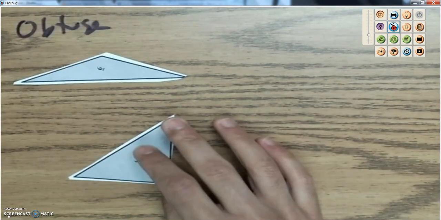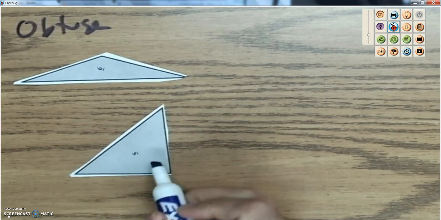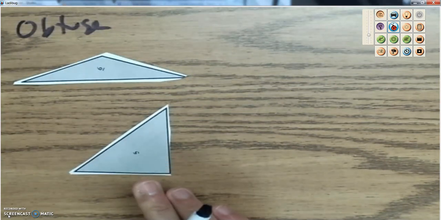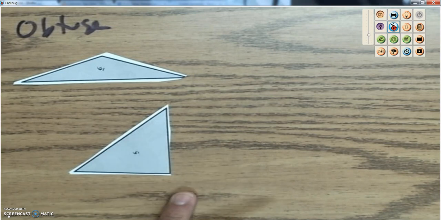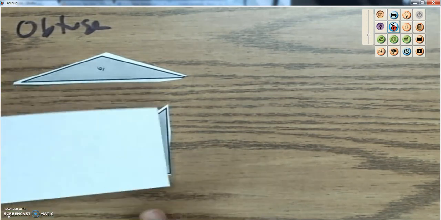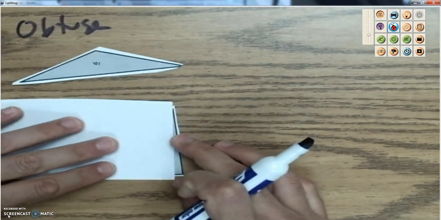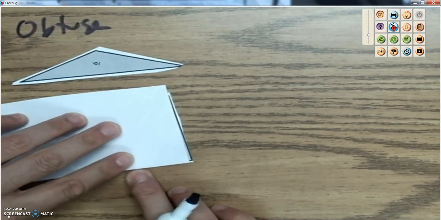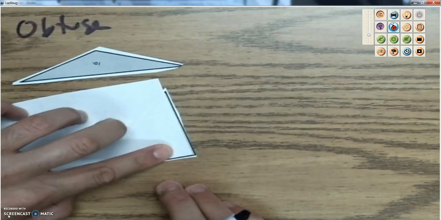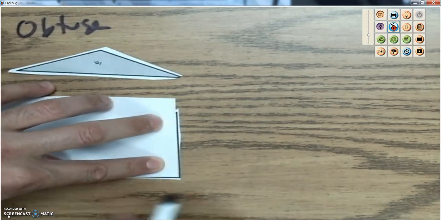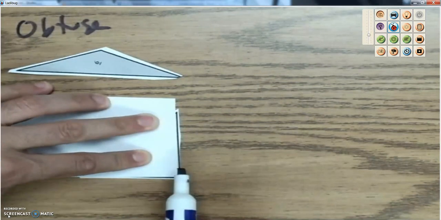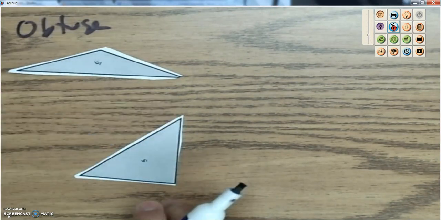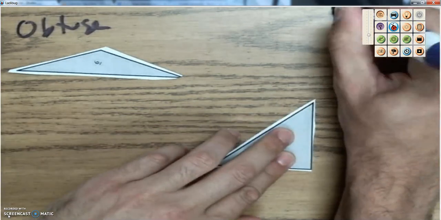Let's see, this one, hard to tell. I think that is probably a right angle. Let me get a square edge and see. That looks like potentially a right angle. I don't know, that is awfully close. Yeah, it looks from here like it probably is a right angle right there. So I'm going to put that as a right.